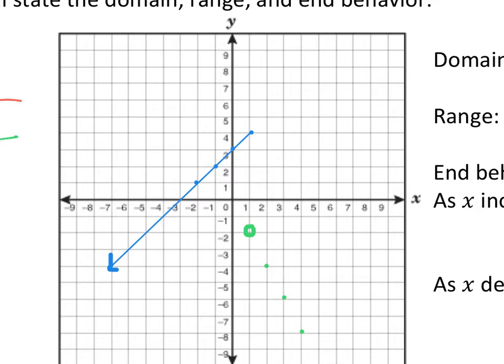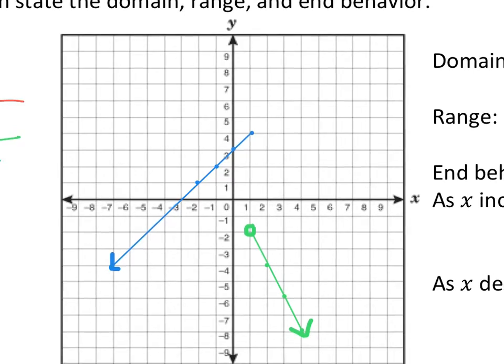And again, I'm going to connect the dots and draw an arrow in this direction. So all I did is I graphed two pieces of a function.